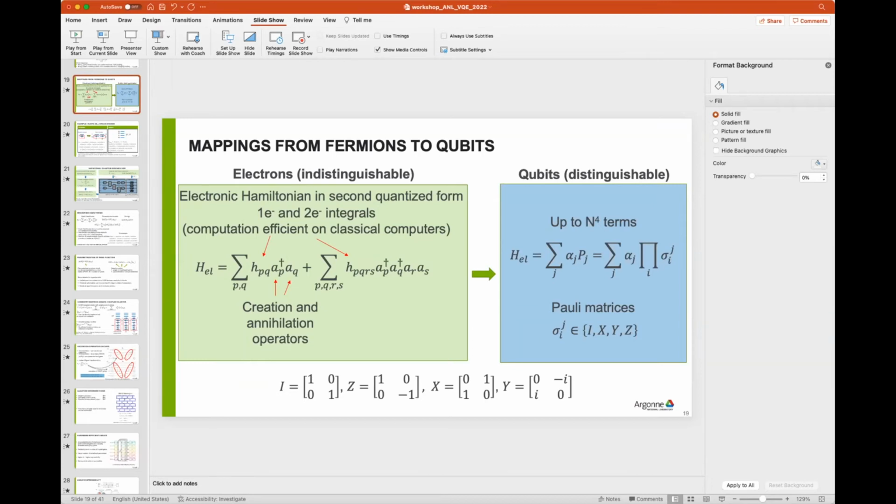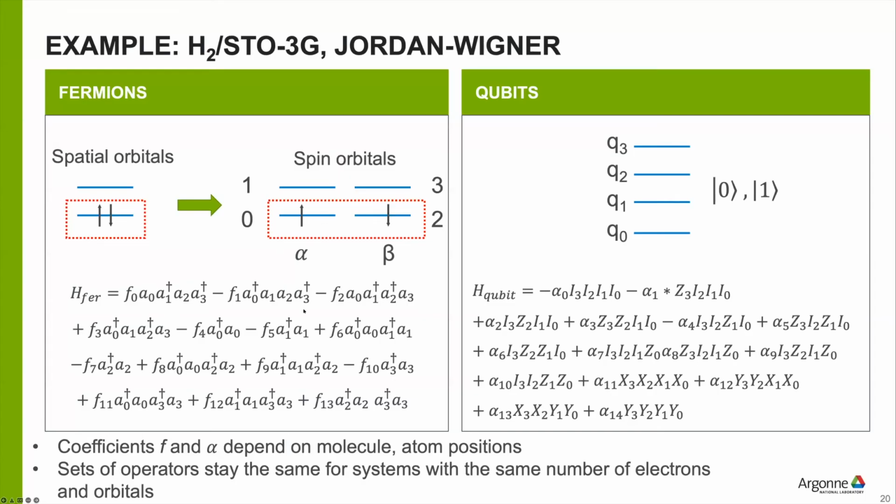The second question is, what do the ops in the second QAOA array represent? So on this slide, on the left, you have a fermionic Hamiltonian, and you have spin orbitals labeled 0, 1, 2, 3 if you start indexing from 0.